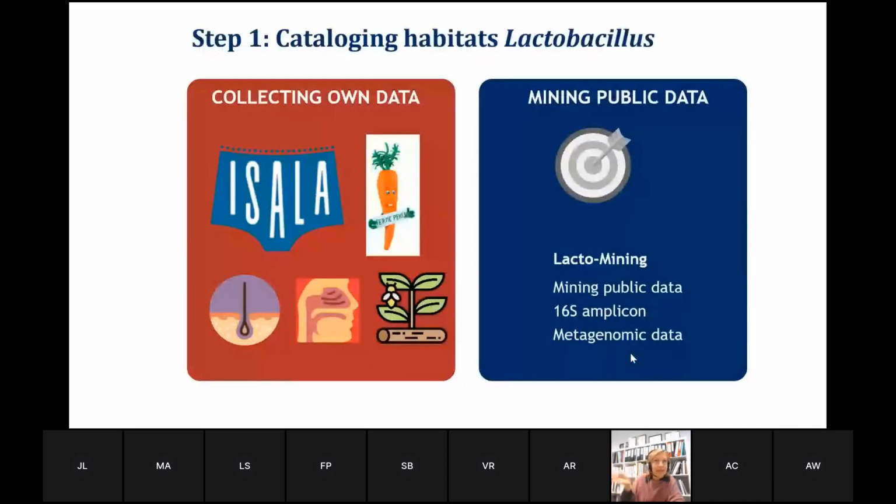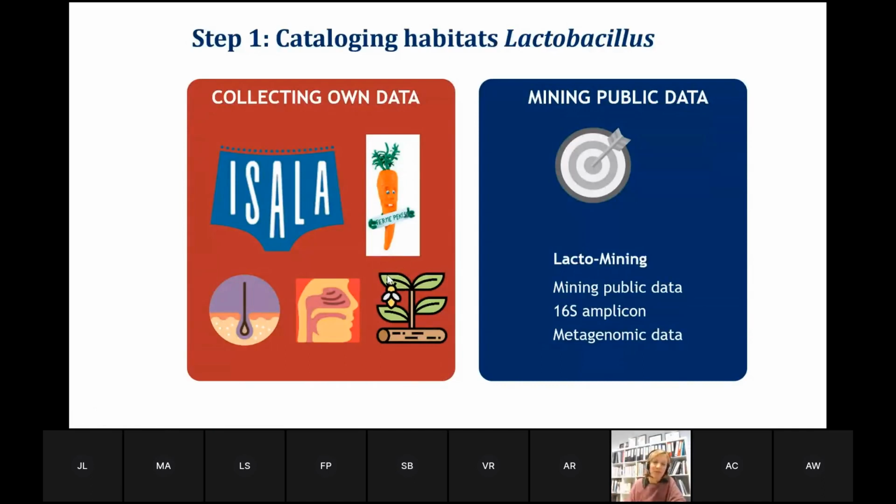And then when taking these steps back, one of the first steps we took was looking at all the available information in the literature, mining the NCBI for genome sequences, but also from publicly available data. But then also realizing that our biased picture on lactobacillus biodiversity is also because we have a biased number of samples.